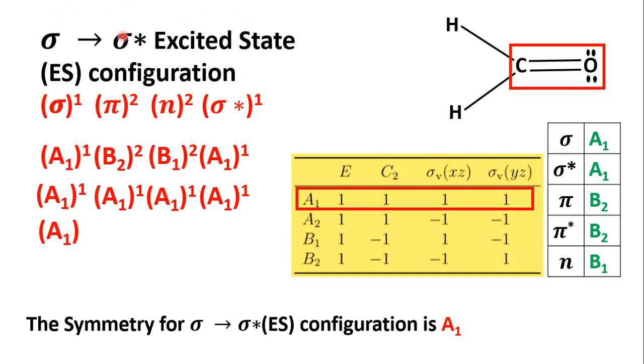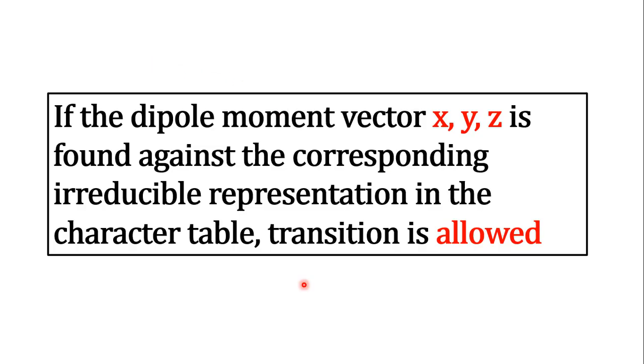Now, having found the symmetry corresponding to the ground state as well as the excited state configurations, which of these transitions are allowed and which are forbidden? By looking at the dipole moment vectors, they correspond to the x, y and z in the character table, which are present against the irreducible representations.